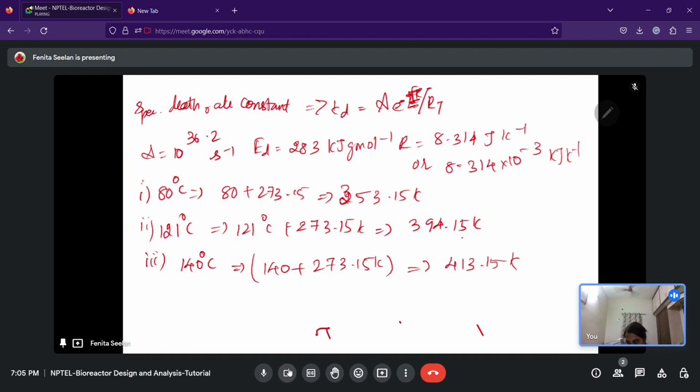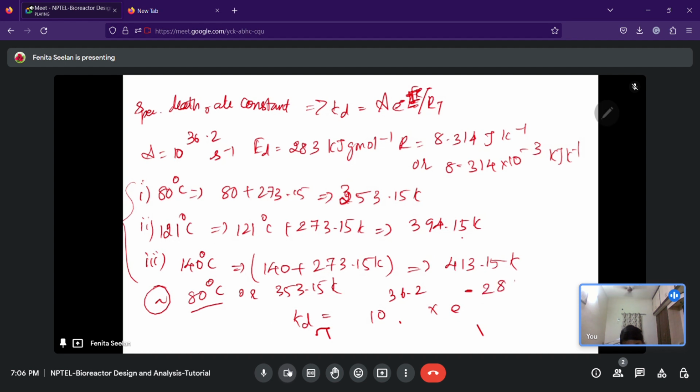So now you have to calculate your Kd values for all these temperatures. I start with 80 degrees Celsius, or 353.15 Kelvin. What is the Kd value? Kd is 10 power of 36.2 into e power of minus 283 divided by R, which is 8.314 into 10 power of minus 3, into your temperature, 353.15 Kelvin.